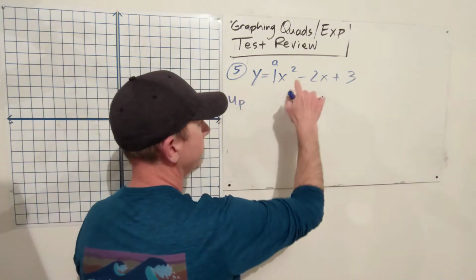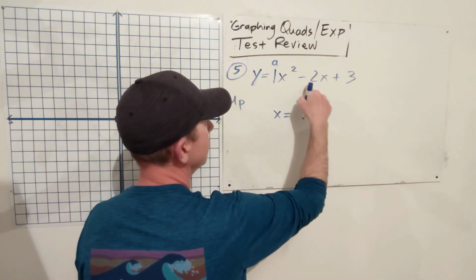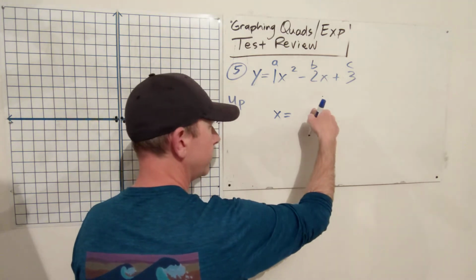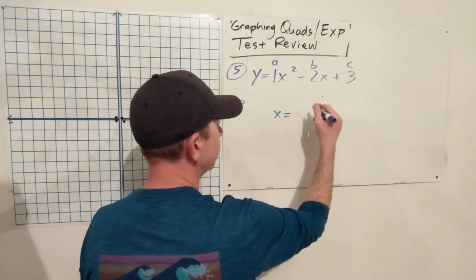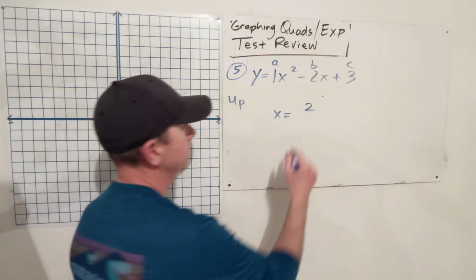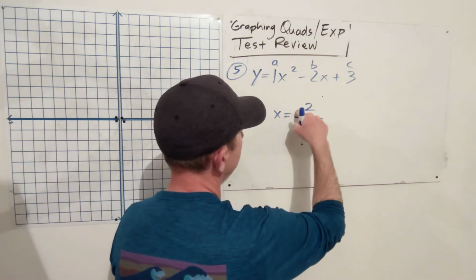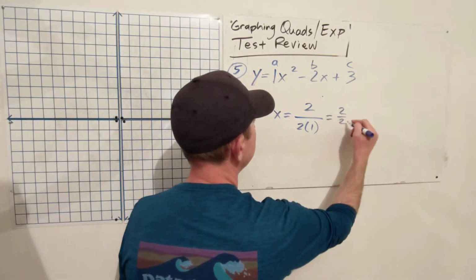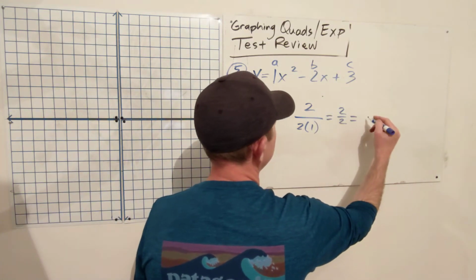Now I am going to have to find the vertex, so x equals the opposite of B. Negative 2 is the opposite of 2, so the opposite of B is positive 2 over 2 times A, which is 1. So I get 2 over 2, which is 1.